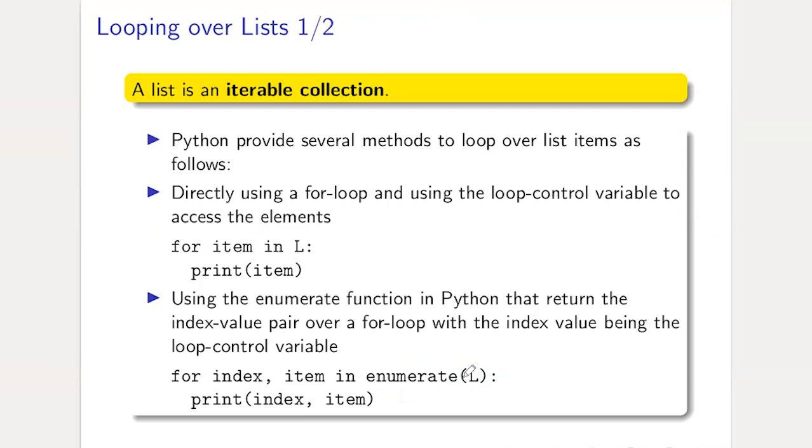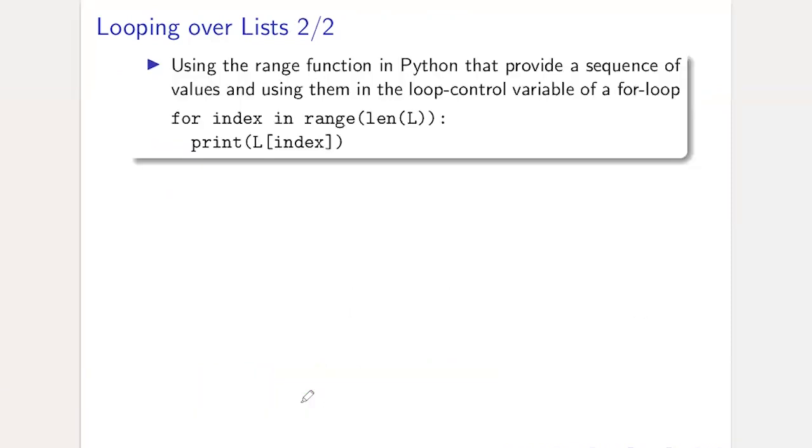Here we have the loop control variable, that is the index, and the enumeration function will return items to us through the item variable. So that's the second method.